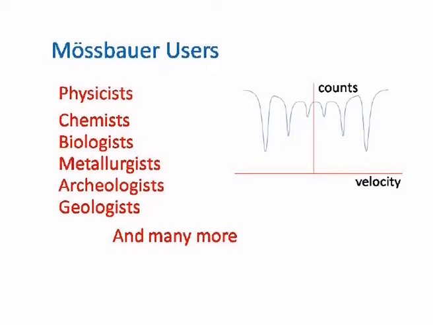This is being used by chemistry people, by metallurgists, by archaeologists, all varieties of people use Mossbauer spectroscopy, which is based on a nuclear technique, to do analysis of their samples.